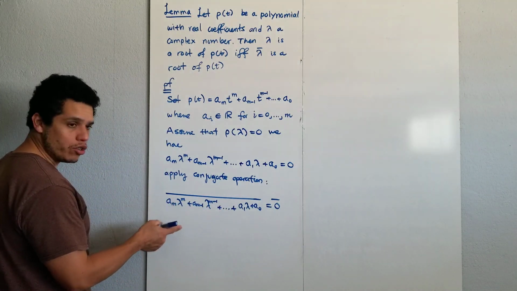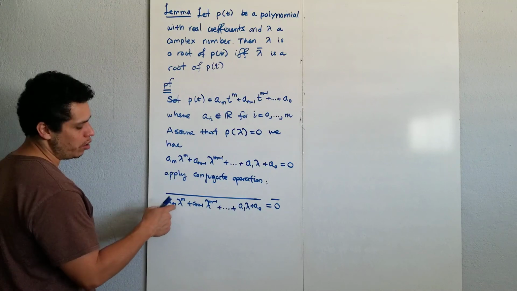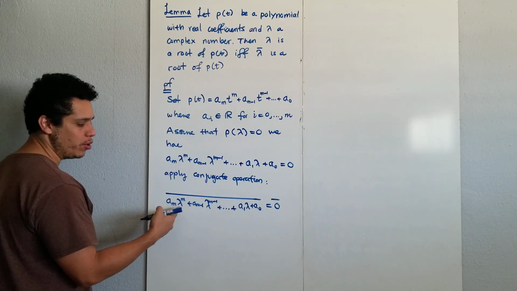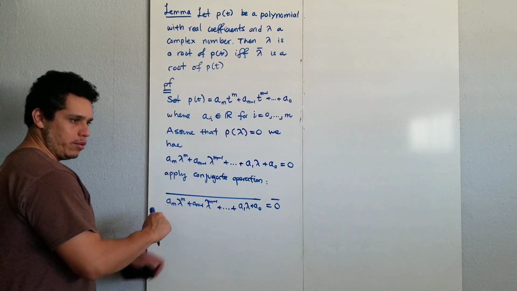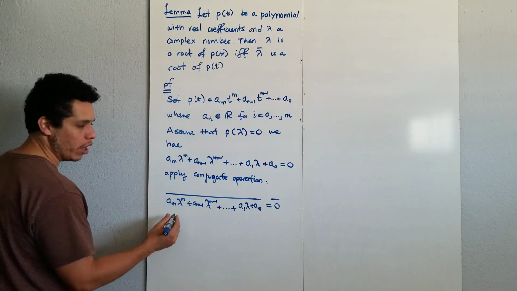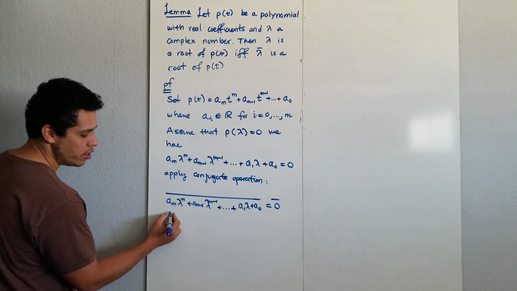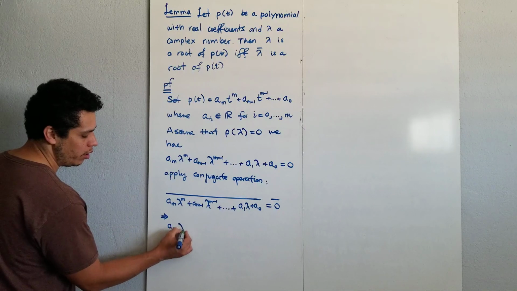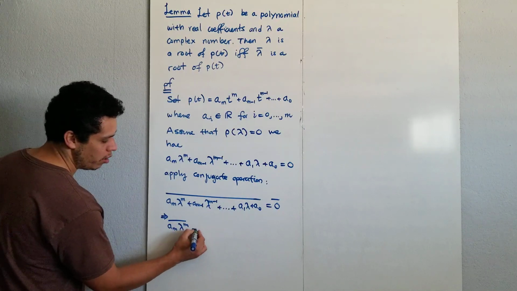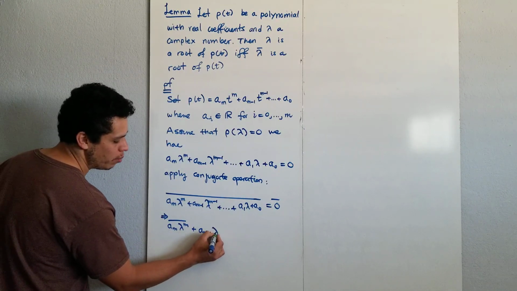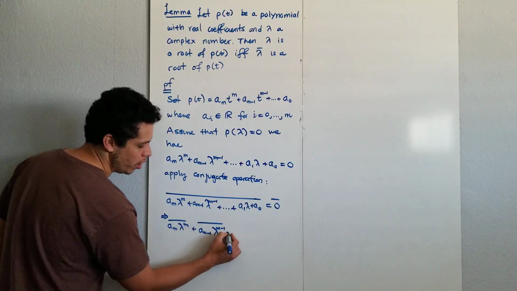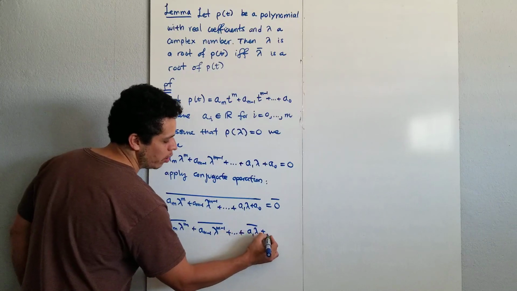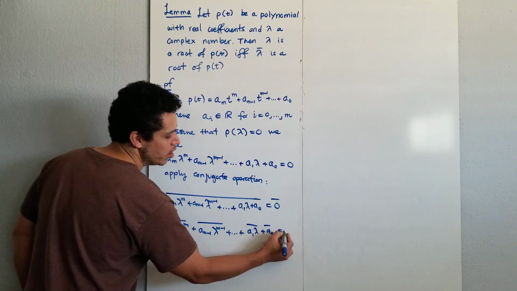Now, the conjugate is in some sense a linear operation, because if I have the sum of two complex numbers, then I can split it into the sum of conjugates of those complex numbers. So this equation becomes the conjugate of a_m lambda to the m, plus the conjugate of a_{m-1} lambda to the m minus 1, plus all the way up to the conjugate of a_1 lambda, plus the conjugate of a_0, equal to 0.